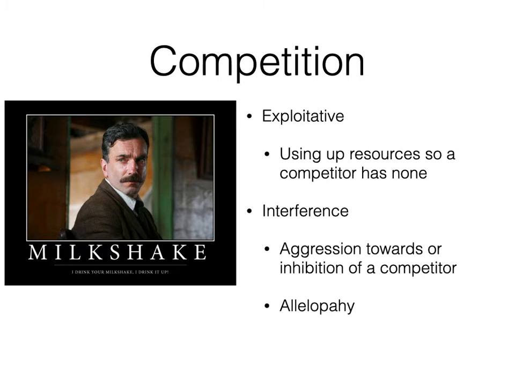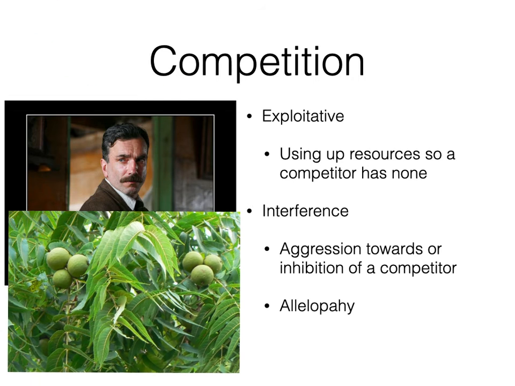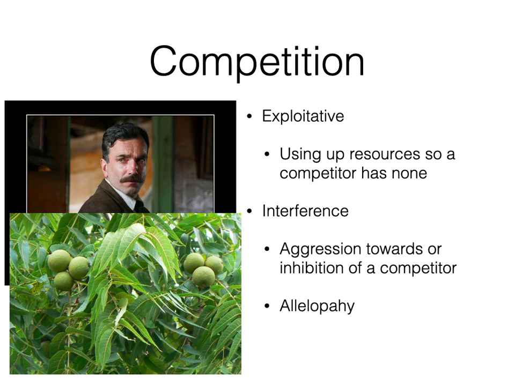An example of this, not in fiction and not in the human world, but in the plant and animal world, is a term called allelopathy. It is the chemical inhibition of a competitor. You might recognize this photo as a picture of a black walnut tree.